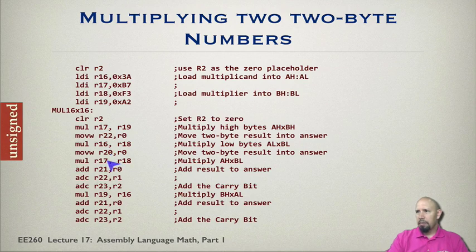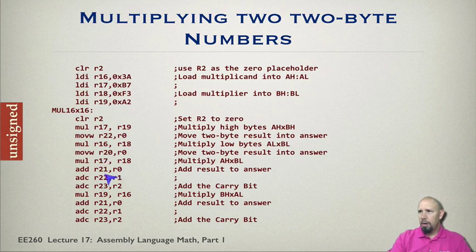Now I'm going to multiply the high byte of A by the low byte of B. And I'm going to add the result to the answer. So here, the answer really, so this is a 16-bit multiplication. The result is going to be put into registers 0 and 1.